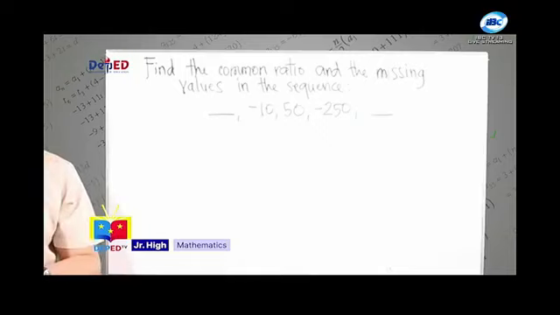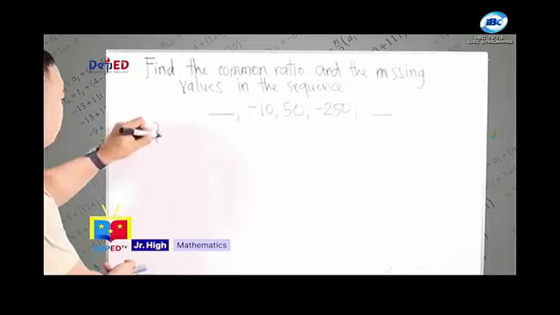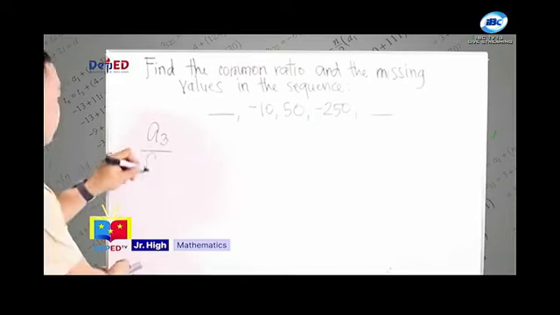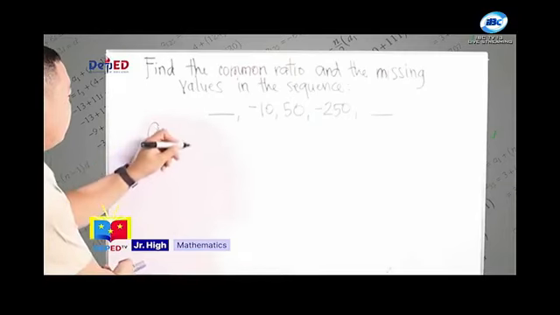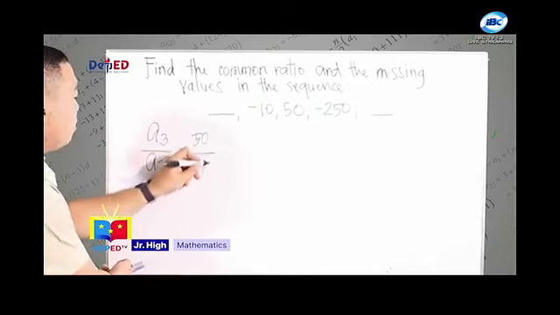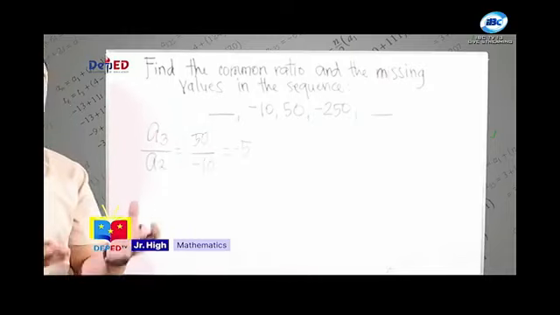First thing we need to do is to look for the common ratio, r, using the given values from our sequence. In this case, we will use the third term, a sub 3, divided by the second term, which is negative 10. So that's 50 divided by negative 10, we will get negative 5. We get negative 5 because we divide numbers with unlike signs.